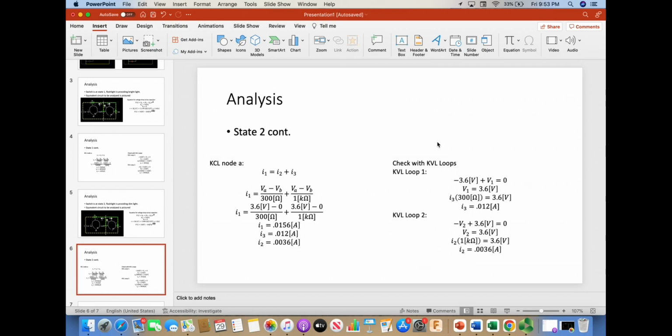Again, checking with KVL loops, KVL across loop 1 found that V1 equals 3.6 volts, and using Ohm's law, I3 times 300 ohms equals 3.6 volts, and I3 equals 0.012 amps. Using KVL loop 2, V2 equals 3.6 volts. Using Ohm's law, I2 times 1 kiloohm equals 3.6 volts, thus I2 equals 0.0036 amps.